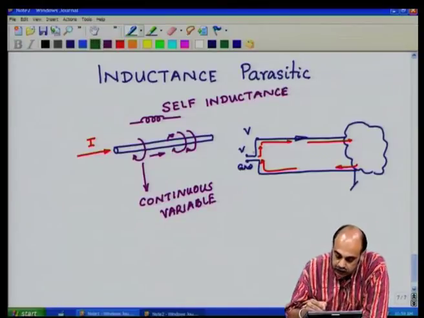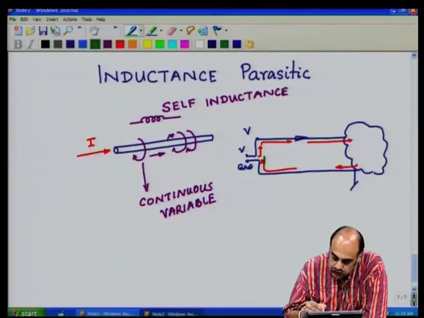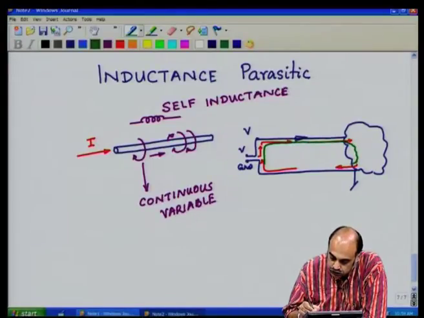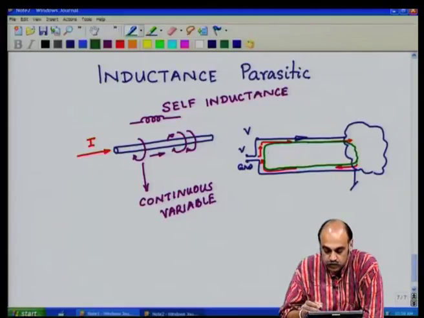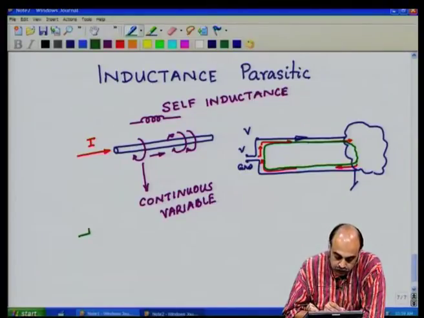If you look at this part, it is like a loop. This is a loop.